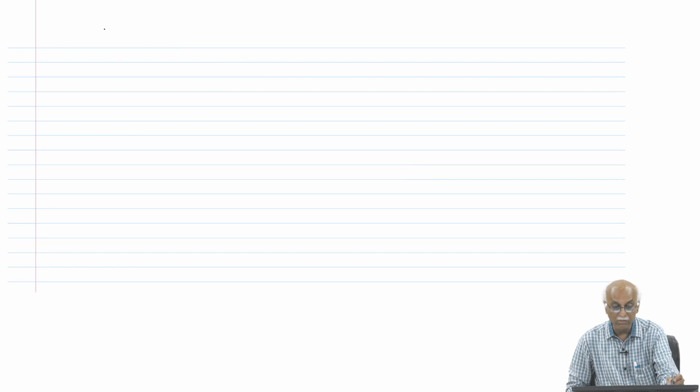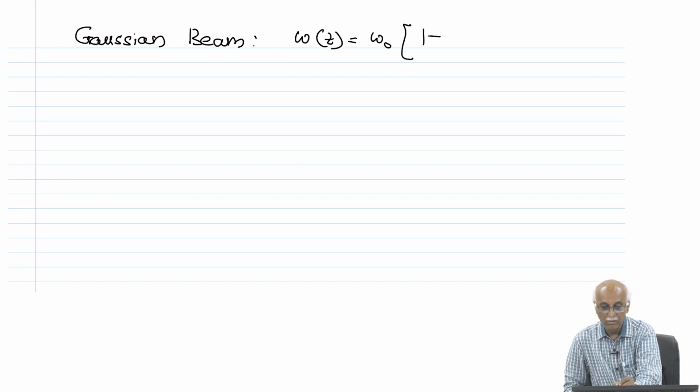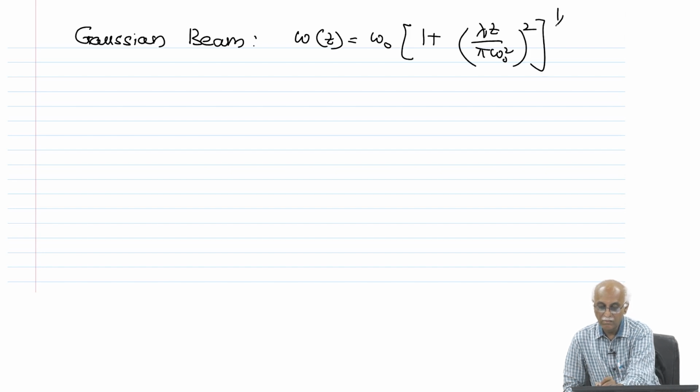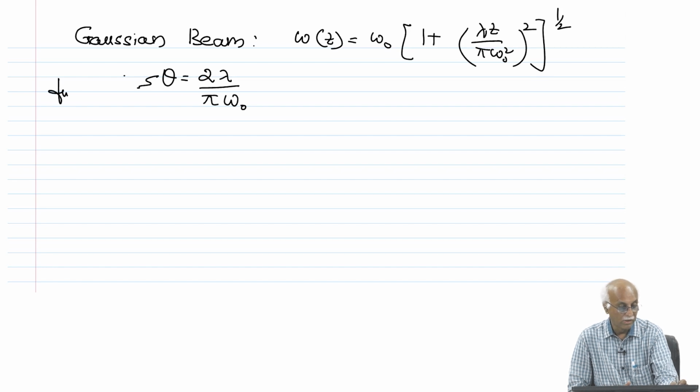Whatever we described for the ideal Gaussian beam, w is given by w0 times the square root of 1 plus lambda z divided by pi w0 squared, squared. And the confocal parameter, and theta, the full divergence angle, is 2 lambda by pi w0, correct, the full divergence angle.